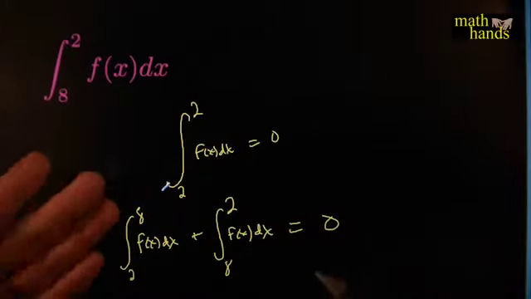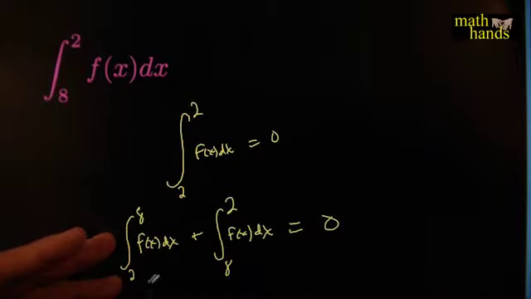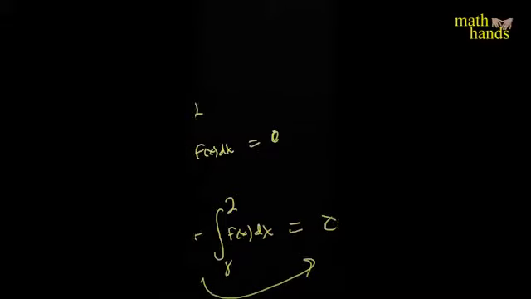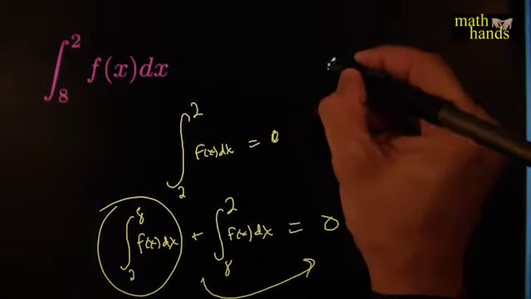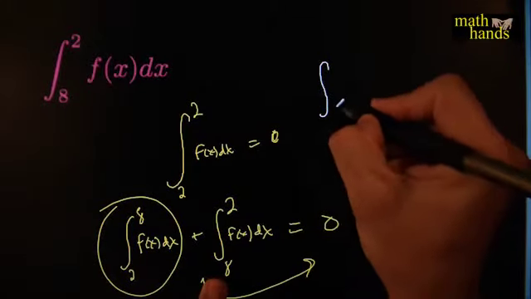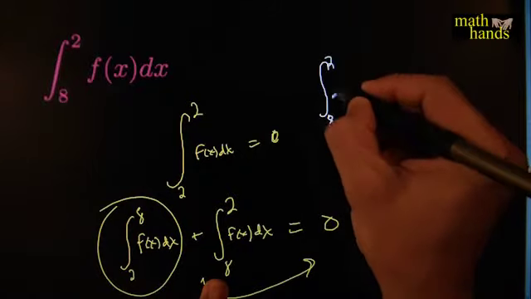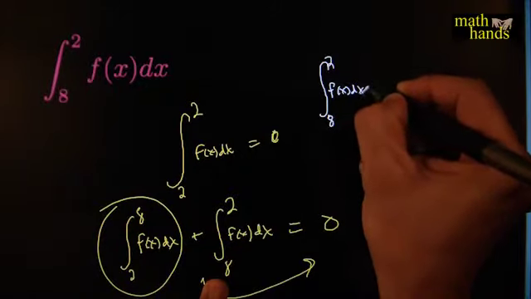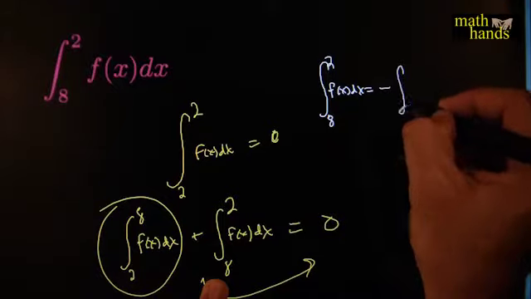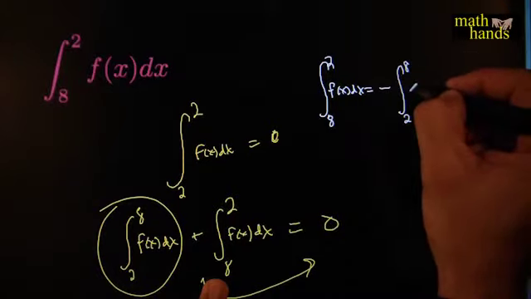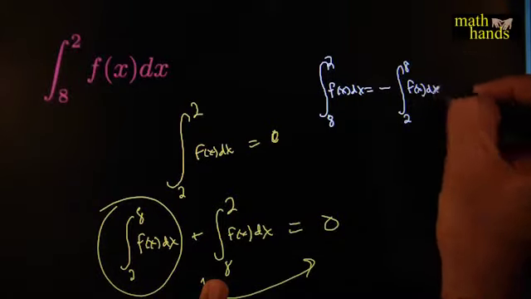But wait, there's more. If this is equal to 0, that means I can swing this over to the other side and conclude that the integral from 8 to 2 of f of x dx, that's my switched one, is equal to negative the integral from 2 to 8 of f of x dx.